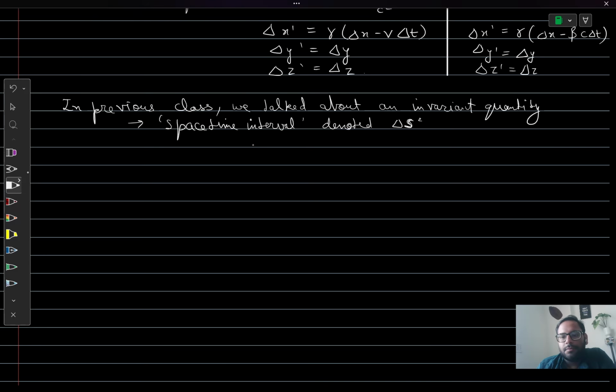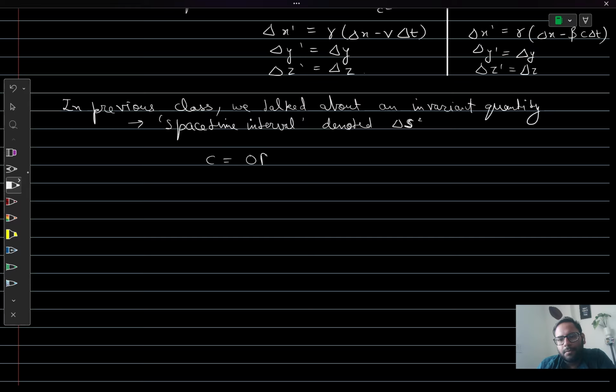In the previous class we talked about why it should be an invariant quantity: due to the second postulate, the speed of light should be constant in all frames.